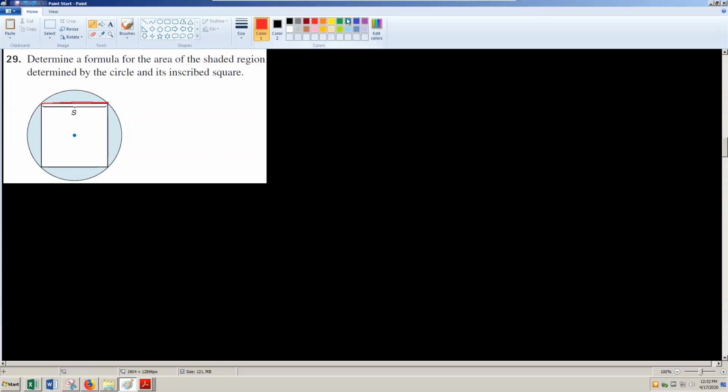So let's first talk about the area of the thing that I want. The thing that I want is in blue. Let's write it in blue. So area of the shaded part is going to equal the area of the circle.